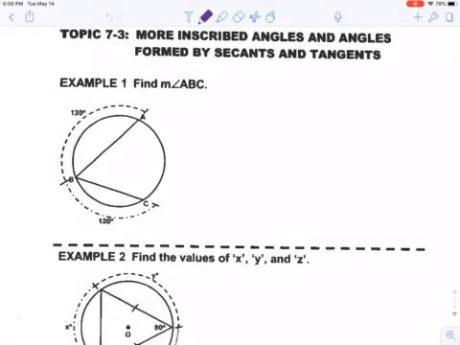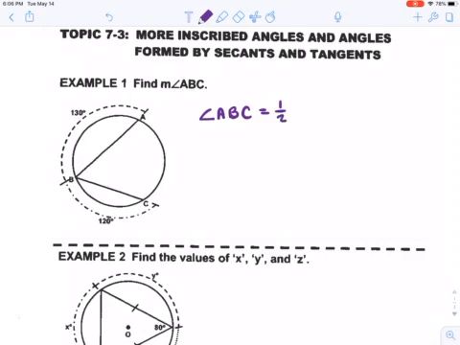Alright, so we're getting started on this warm-up on inscribed angles. We learned yesterday that the inscribed angle, in this case angle ABC, is always half of the intercepted arc.